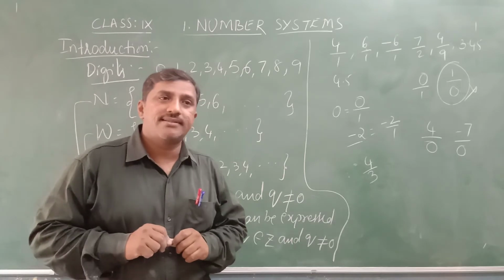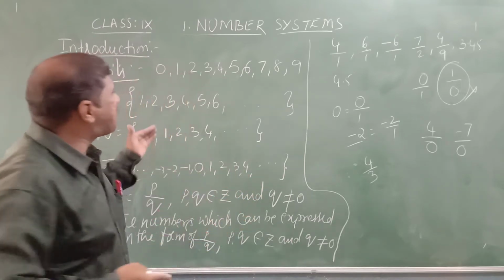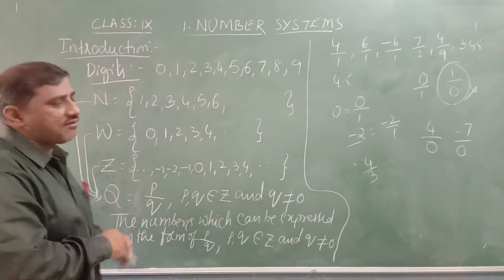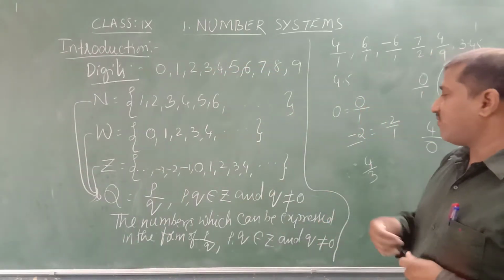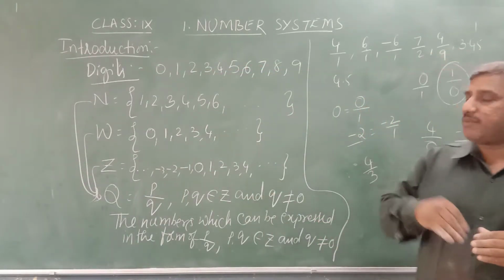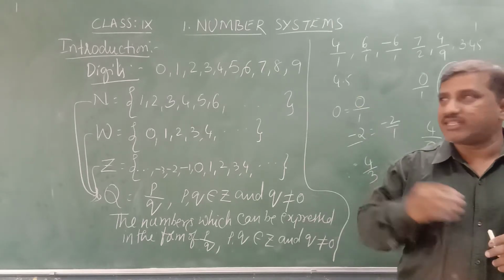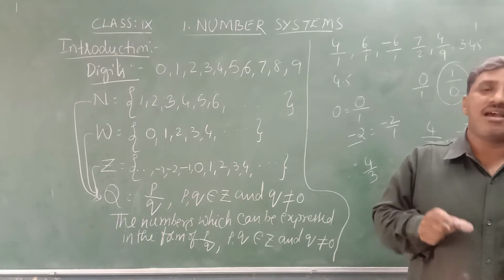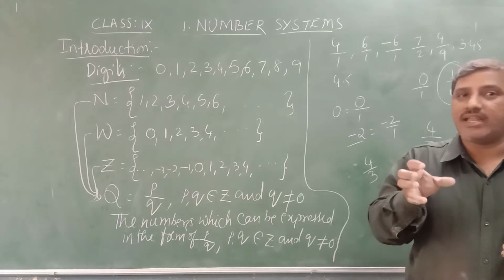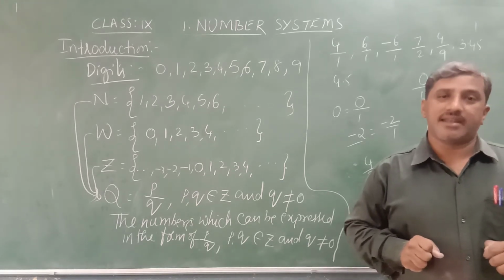Rational numbers. So this is the introduction of this chapter, that is different kinds of numbers, how we express them in different forms, and what the relationship between these numbers is. We have discussed that now. Now we are going to discuss how to find rational numbers between given rational numbers.